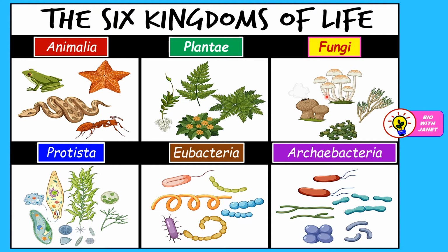Kingdom Fungi consists of all the mushrooms, yeast, and so forth, right, that cannot carry out photosynthesis because they don't have chlorophyll. And then we have Kingdom Protista, which consists of the protozoa, the single-celled organisms that are animal-like.